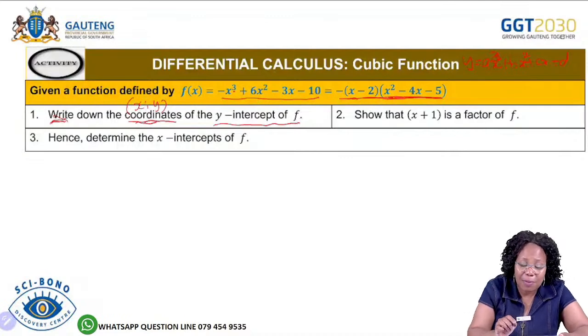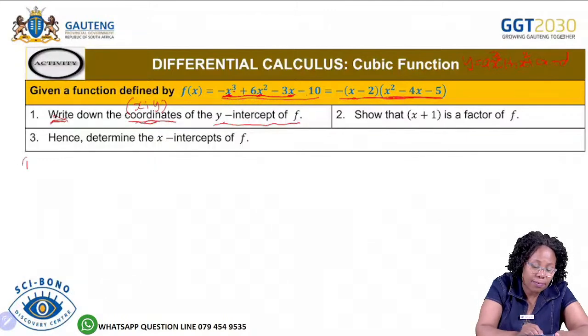Remember, when you look at the y-intercept, you let x equal to 0. So that means x cubed will be 0, x squared will be 0, and 6 times 0 will still be 0. Minus 3 times 0 is 0. That simply means this whole part here is 0. What is left is minus 10. That is your y.